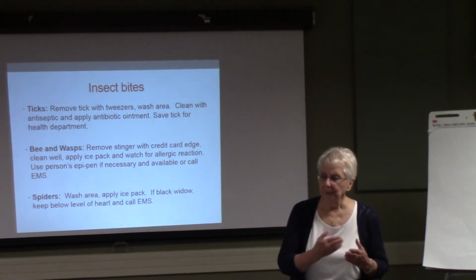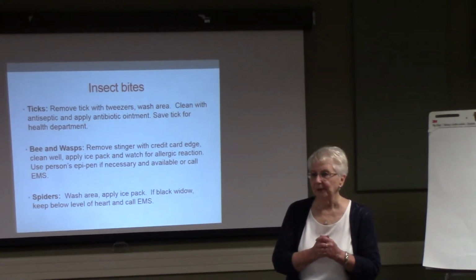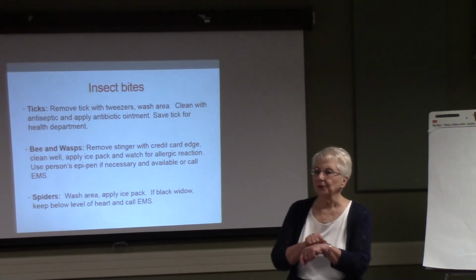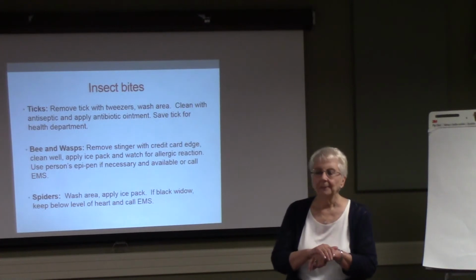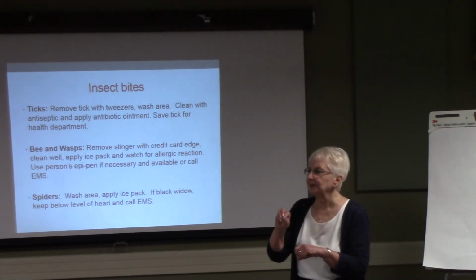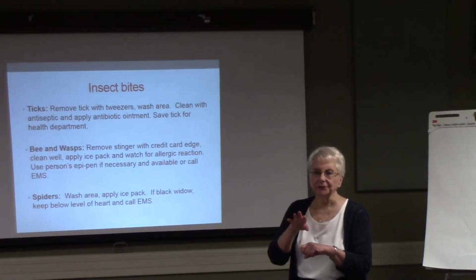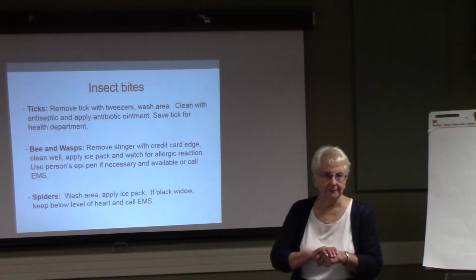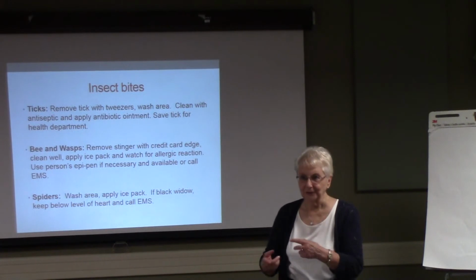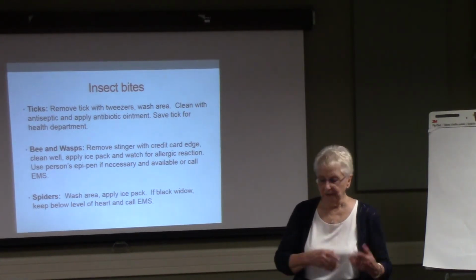With the honeybee, you have to get that stinger out because it loses the stinger. Use a credit card, sweep it off, and wash it really well, because it'll keep injecting toxin as long as it's in your skin. Other insects like yellow jackets can sting numerous times without losing their stinger.